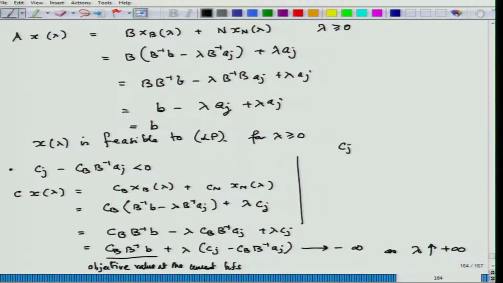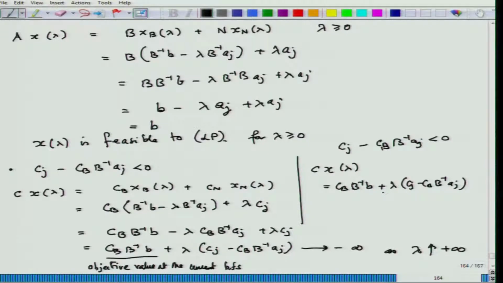See, if Cj minus Cb B inverse Aj is strictly less than 0, if it is given to me, then C of x lambda for that particular lambda is equal to Cb B inverse B plus lambda times Cj minus Cb B inverse Aj, because this is negative and this is non-negative.